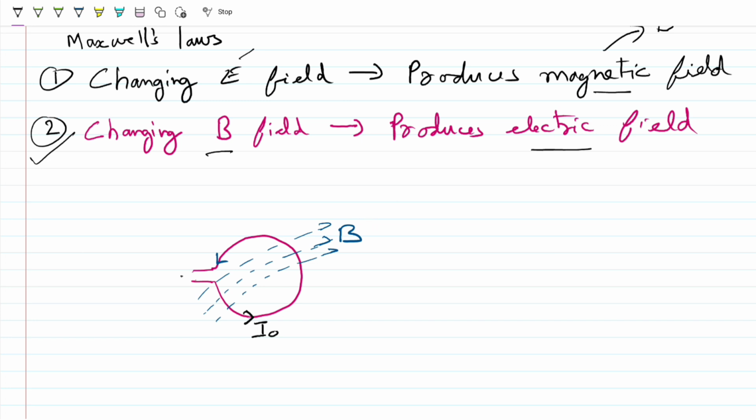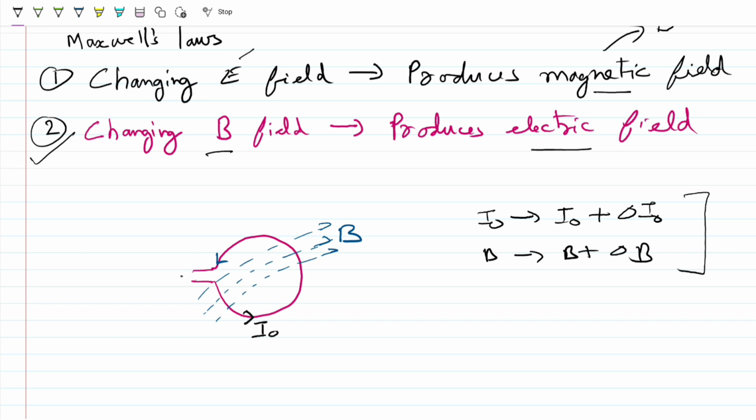For example, if you try to increase this current from I0 to I0 plus delta I0, it will try to increase the magnetic field from B to B plus delta B. Think of it qualitatively: an increase of current increases the magnetic field.